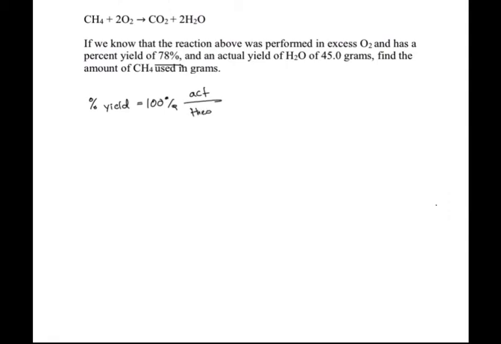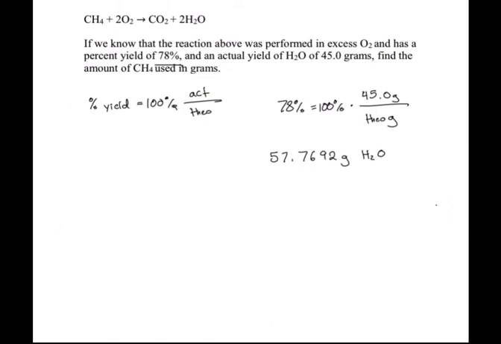So we have 78% is equal to 100% multiplied by 45.0 grams over our theoretical grams. So when we solve this out, we find that the theoretical yield would have been 57.7692 grams of H2O. This is how much we should have produced if we had reacted perfectly.